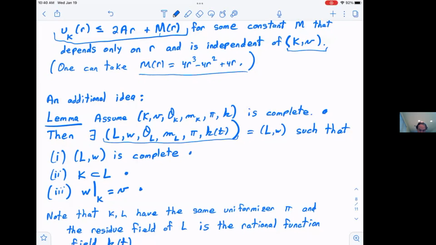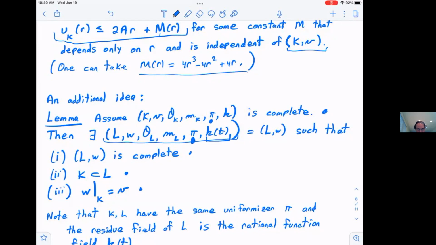Oh, and I need to point out what's interesting here: they both have the same uniformizer, but the residue field of capital L is K(T), the rational function field in one variable. So it's an extension of K where I'm extending the residue field to make it K adjoin T, the rational function field.